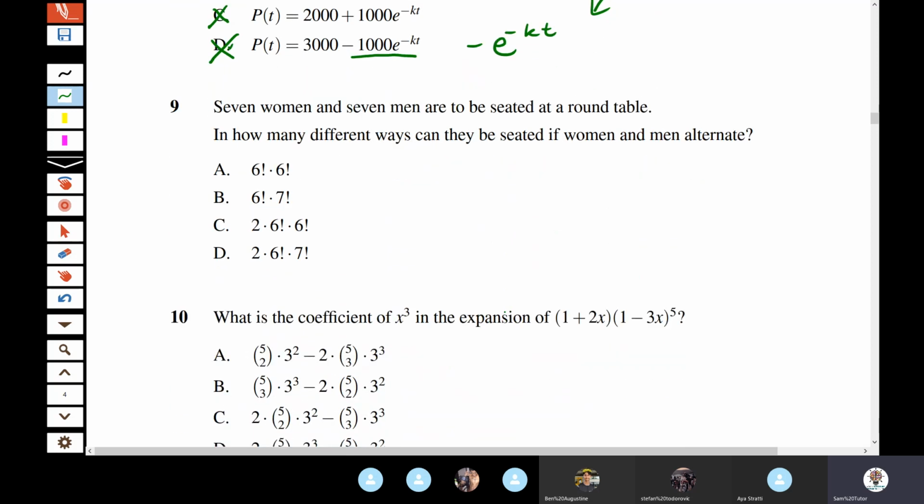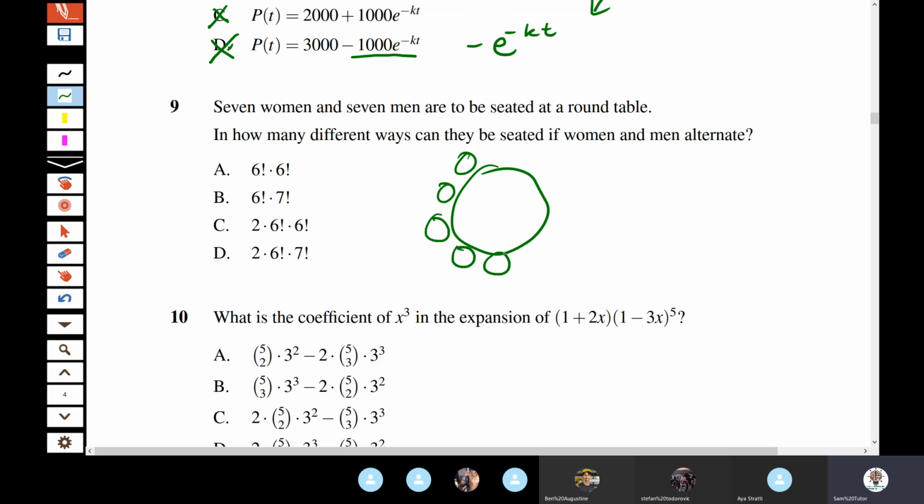All right, number 9. 7 women and 7 men are to be seated at a round table. How many different ways can they be seated if women and men alternate? I think we know the answer to these by now, but let's look at it real quick.